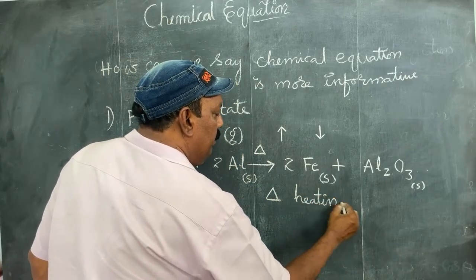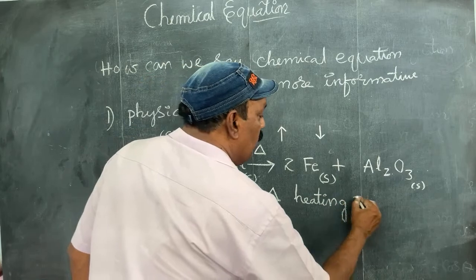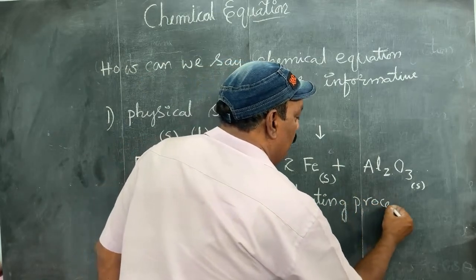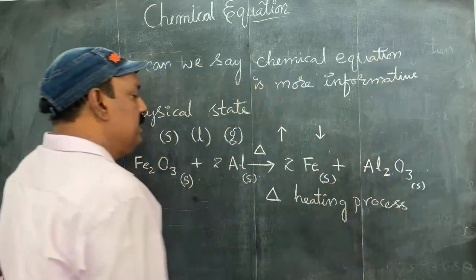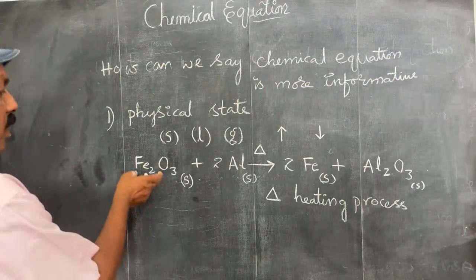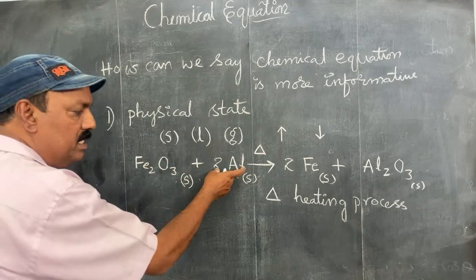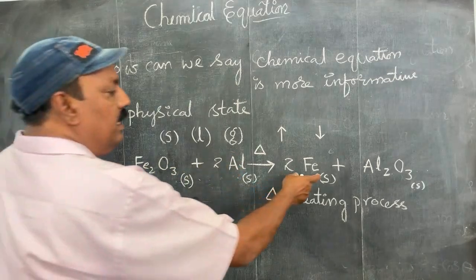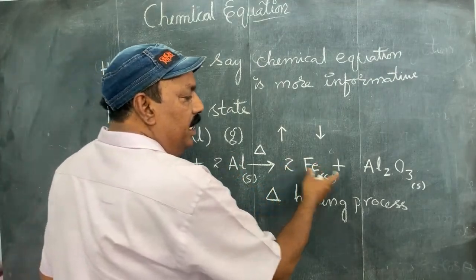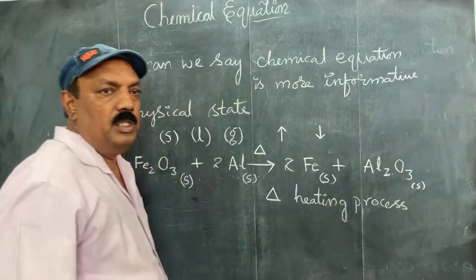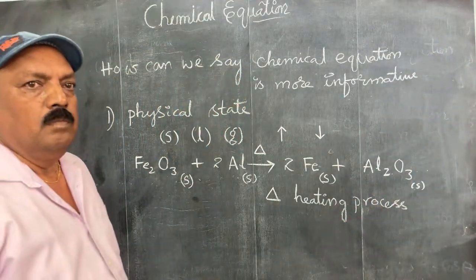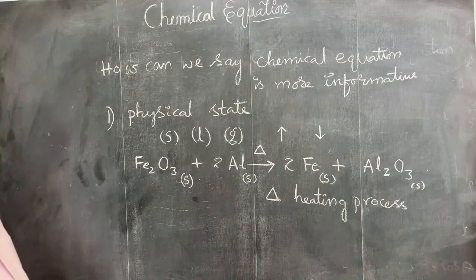So whenever this Fe2O3 is heated in the presence of aluminium, we get iron and aluminium oxide. So this is what we call physical state.